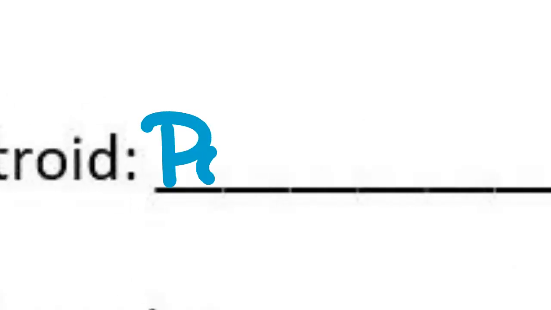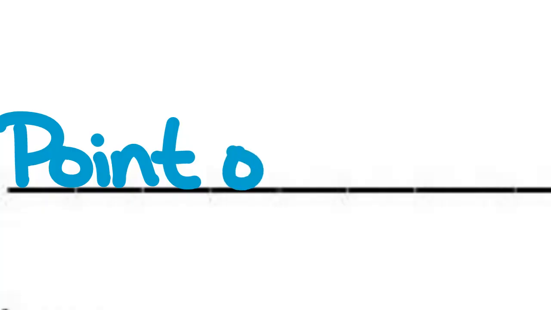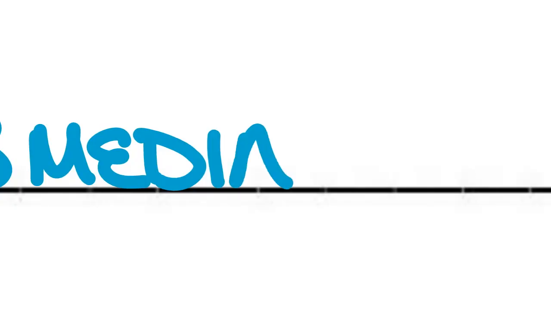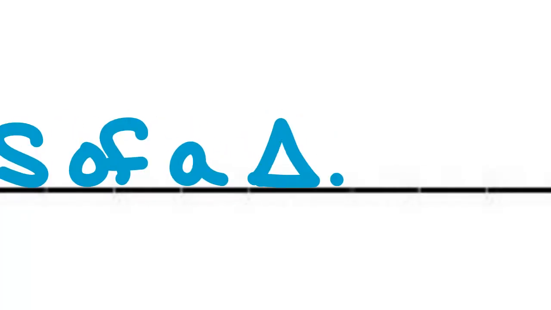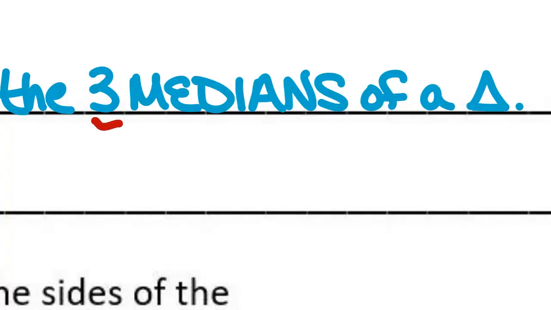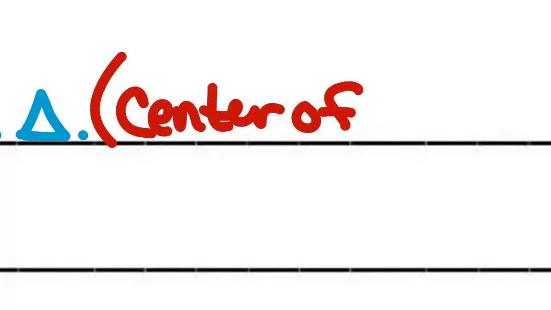A centroid is the point of intersection of the 3 medians of a triangle. The point of intersection of the 3 medians of a triangle. This is also the center of mass.